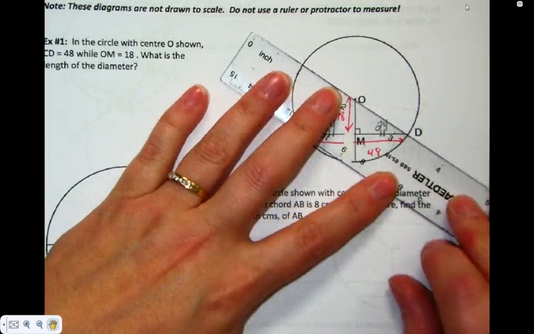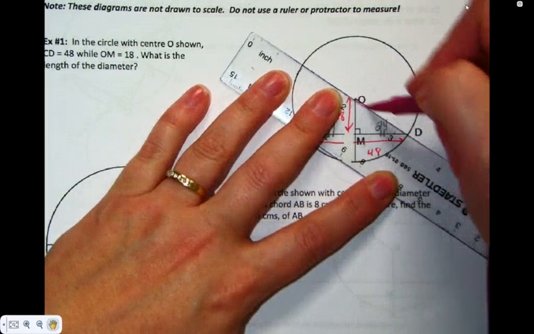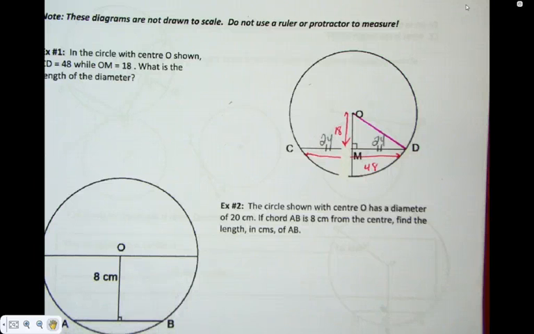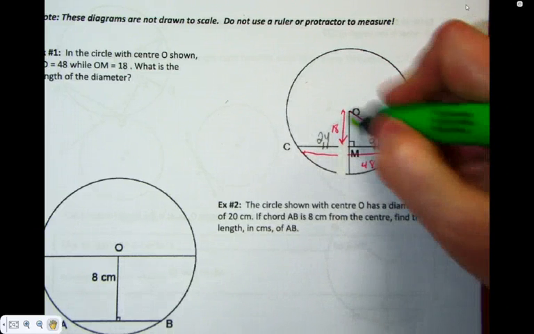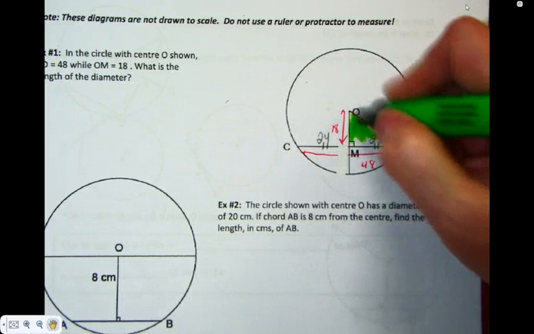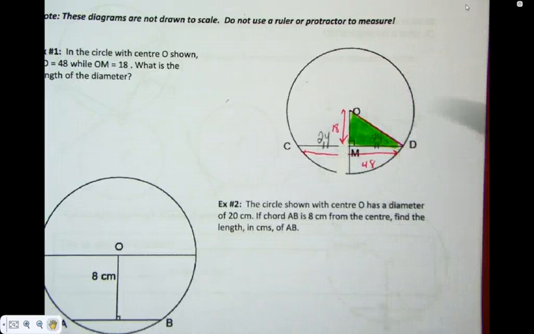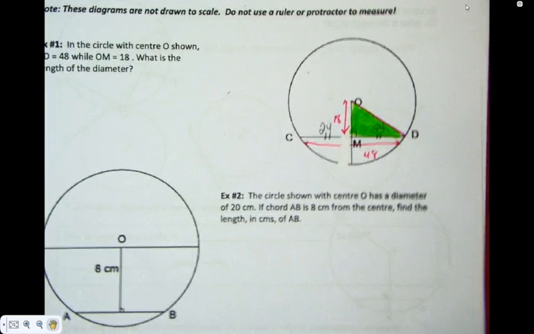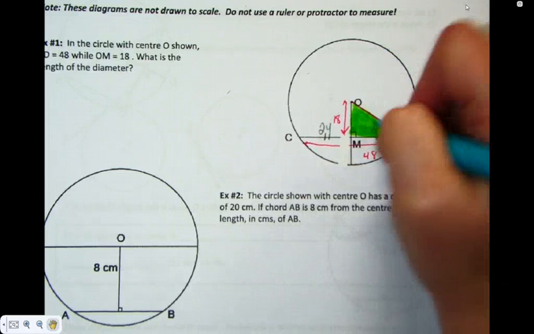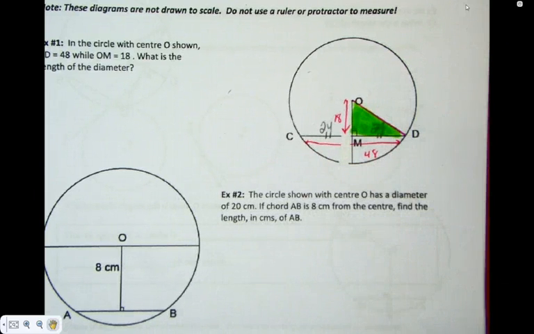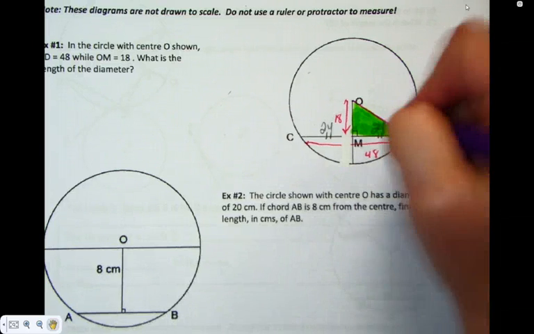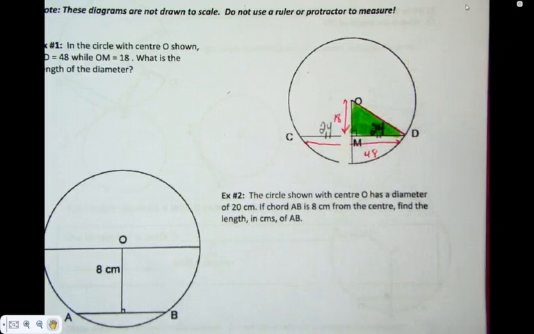I'm going to add in the line from O to D. And I'm going to color this triangle just so it pops out for us. My 24 is kind of getting lost. There we go.